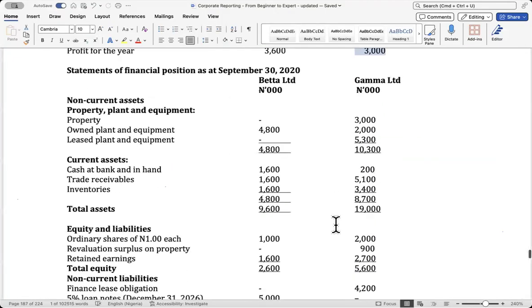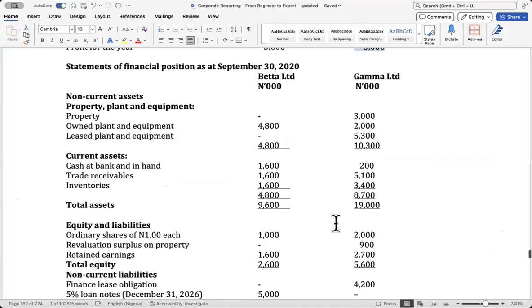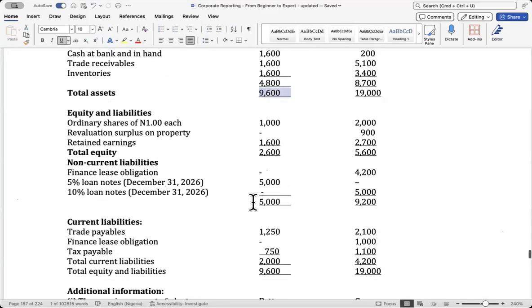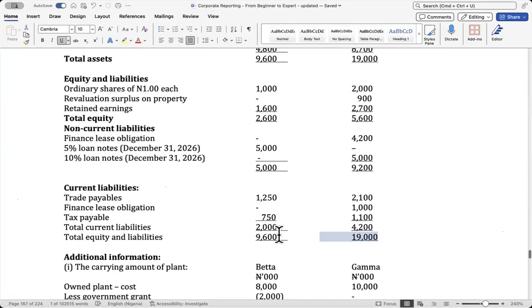Also, when I glanced through their position, I saw that the non-current assets of Gamma are over two times that of Beta, and the relative total assets are higher, even their capital too, for Gamma.